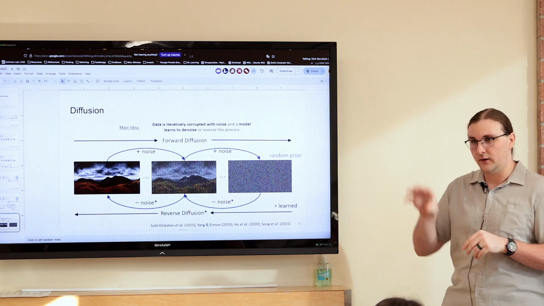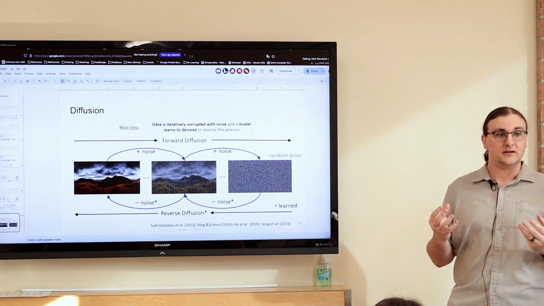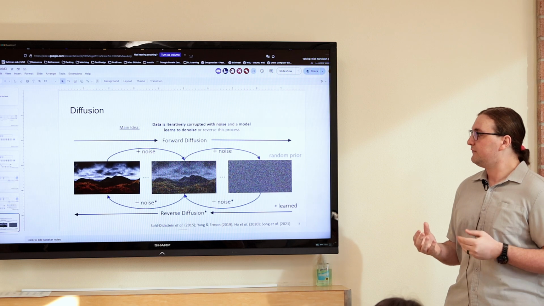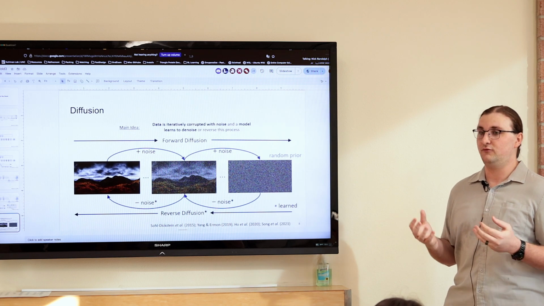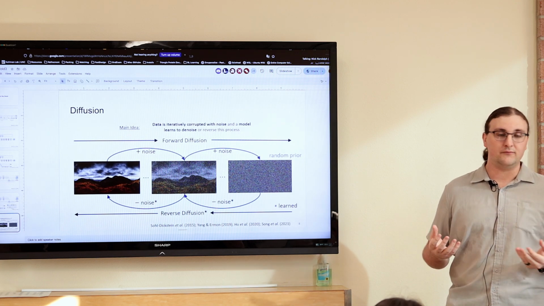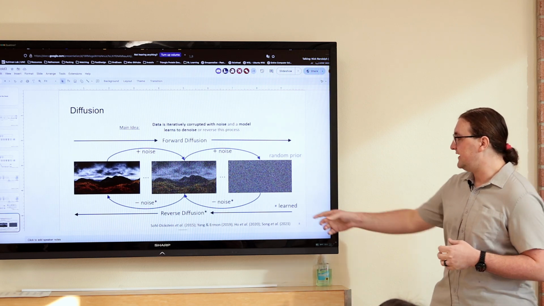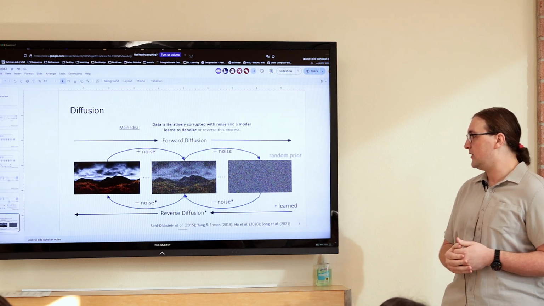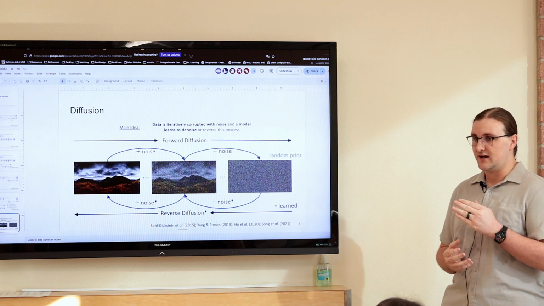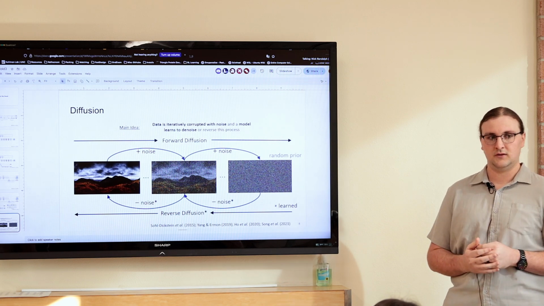We try to take a step back. We keep going and going and going. And eventually, if the model was trained well enough, we'll get a sample that looks like it came from the data distribution. So it looks like it came from the PDB in our case. And only the reverse diffusion process is learned. We have a model that actually learns each individual step.